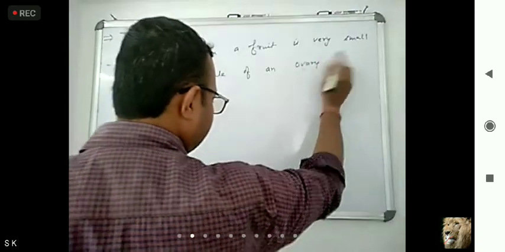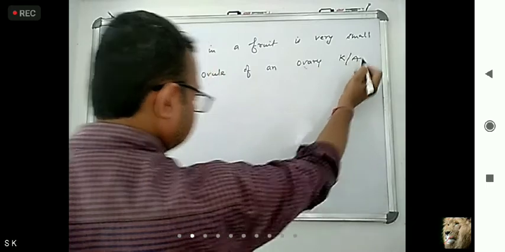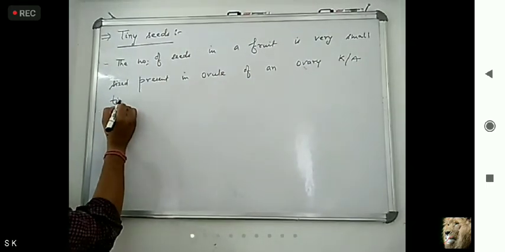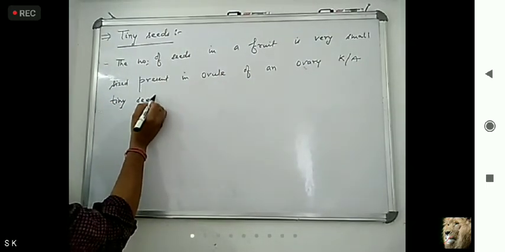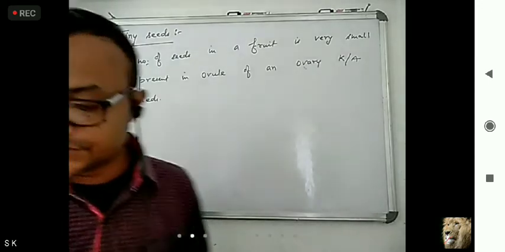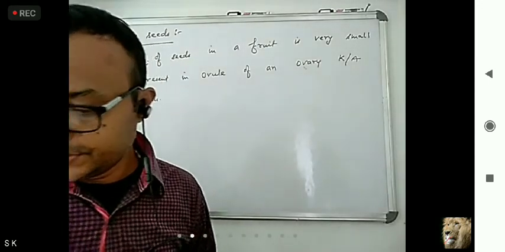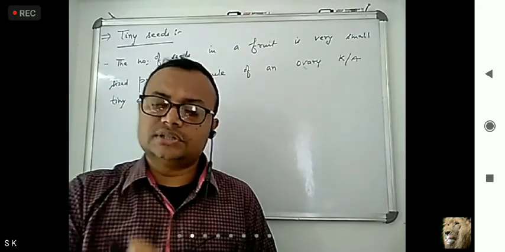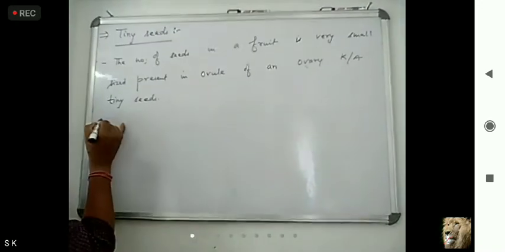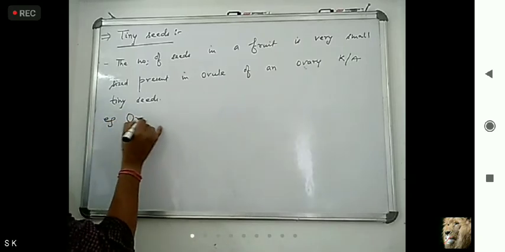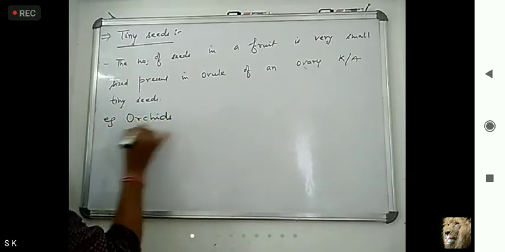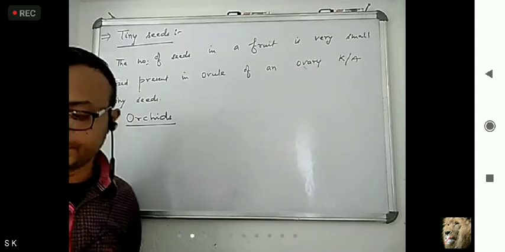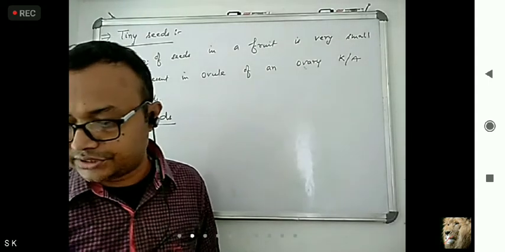The seeds of very small size present in the ovule of an ovary are known as tiny seeds. Now, examples are important. For example, orchids that contain thousands of tiny seeds.